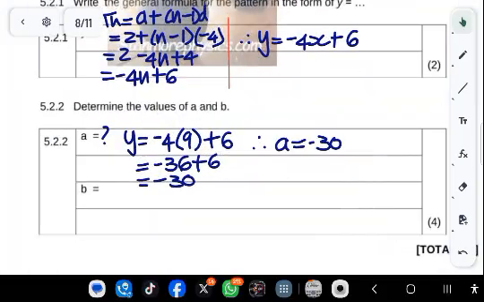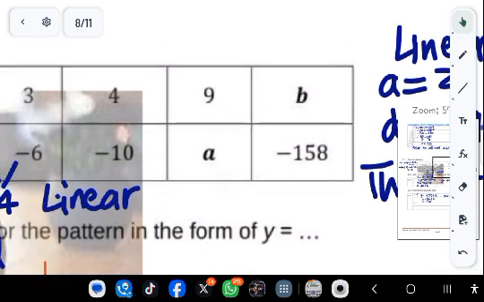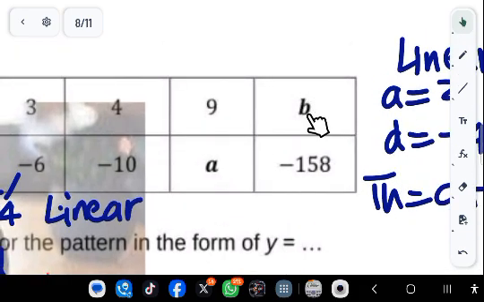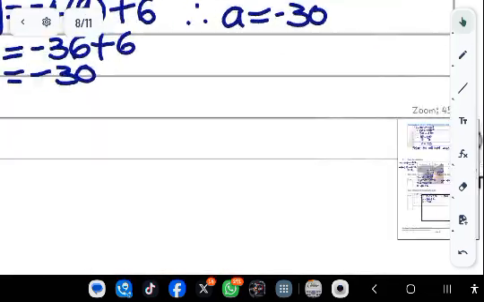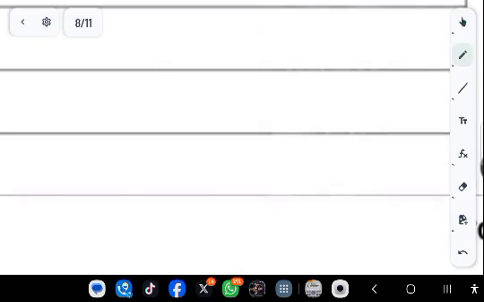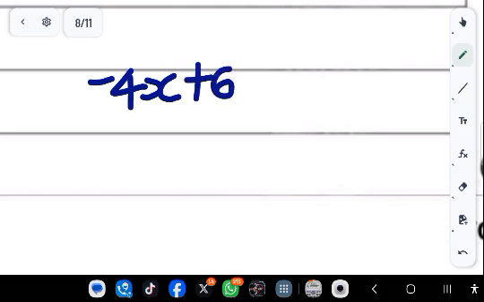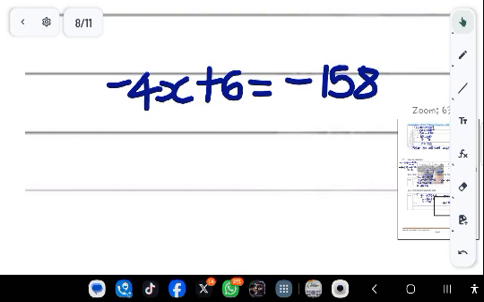Now let's calculate b. We need to know what term number gives us this. We've got negative 4x plus 6. What gives us negative 158? We need to find x.